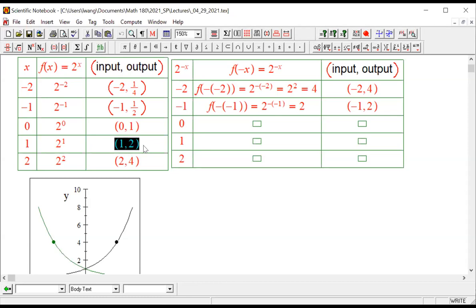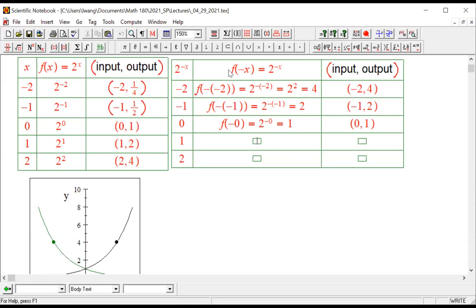And over here you have this, right? And for 0, no problem. Negative 0 is 0, so this is still equal to 1. So the y-intercept doesn't change.